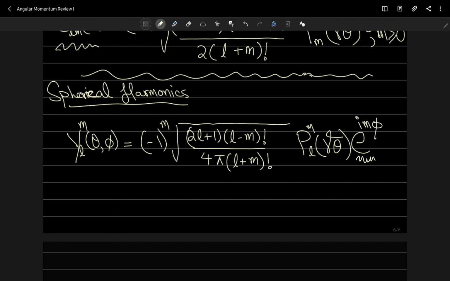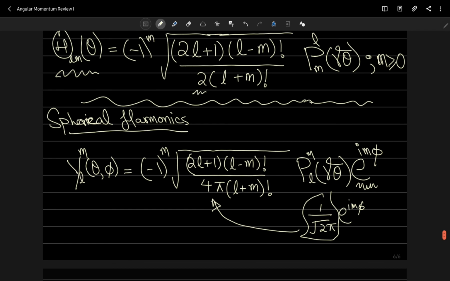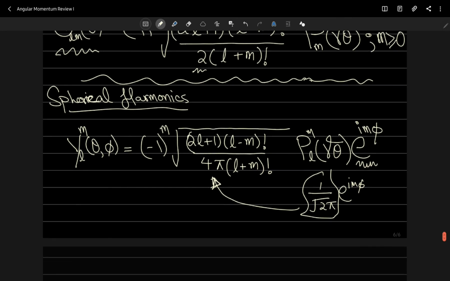Note that this was your solution to the Lz eigenfunctions, where you had that constant 1 over root 2 pi with exponential i m phi, which was absorbed into this expression. That's why, instead of 2 over here, we had this 4 pi: root 2 times root 2, and the factor of root pi as well. So we substituted in for that.